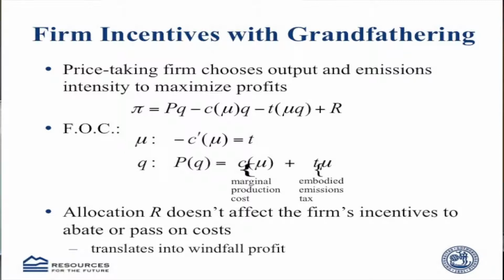So what happens by giving them the grandfathered allocation is it actually gives them positive profits. This is a very simple model. In reality, you may have heterogeneous costs, you may have producer surplus and an upward sloping supply curve, and then you will have some effects of emissions pricing on profits. If you think it's important to compensate any losses in profits, then it's important to know how much.